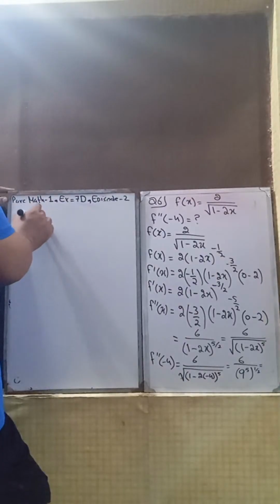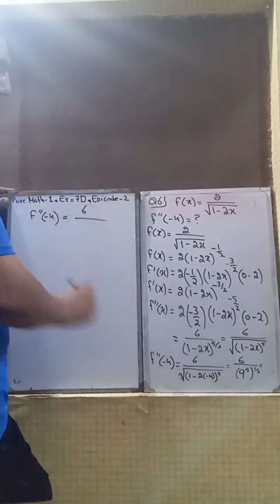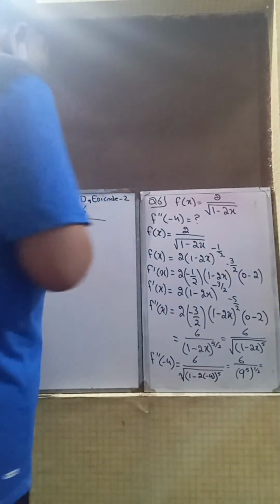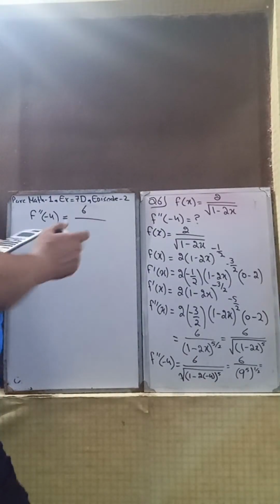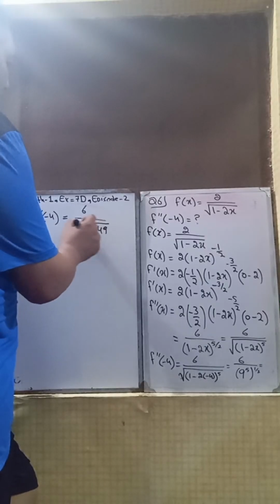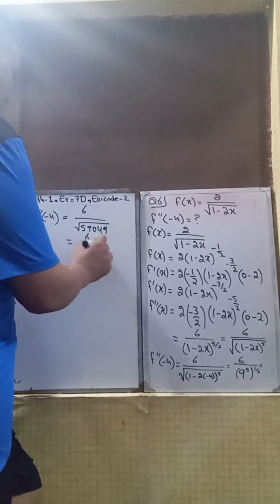I'm working on minus 4, so that is equal to 6 divided by 9 raised to power 5. When I found 9 raised to power 5 on my calculator, it is 59049, and then I have to find its square root. So the square root of the answer is 243, and we have 6 divided by 243.